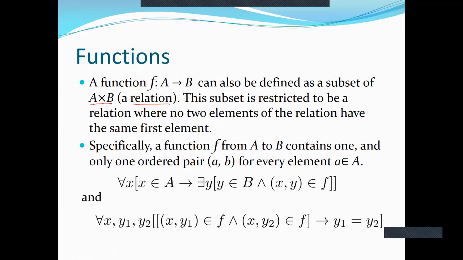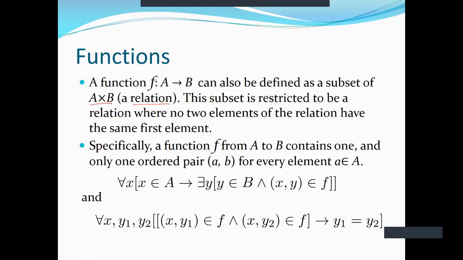That ordered pair we call a relation, right? This subset is restricted to be a relation when no two elements of the relation have the same first element.